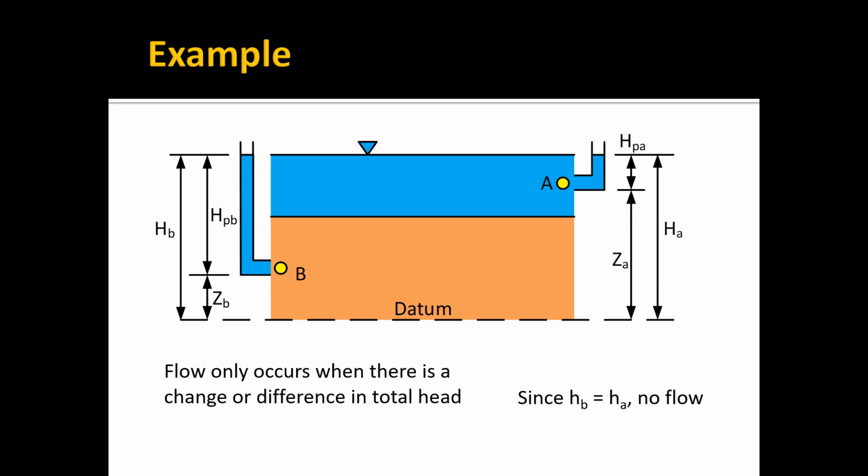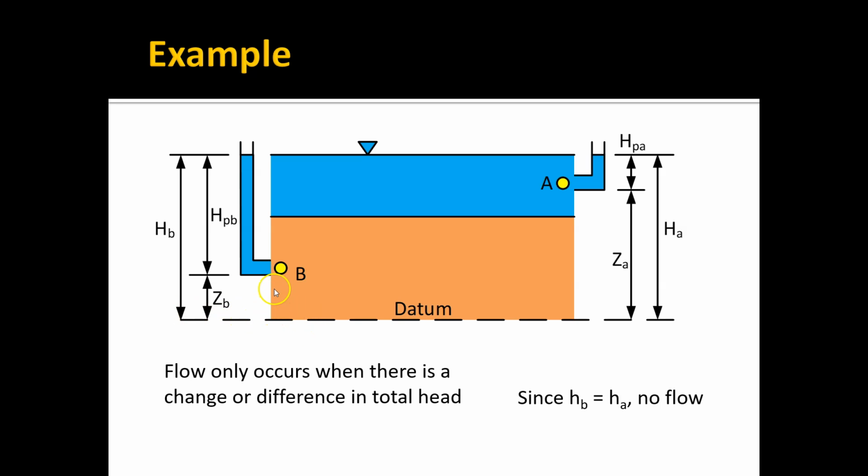And the total head is just the sum of those two. Okay? So the total head is equal to the elevation head, the distance from the datum up to A, plus the pressure head, the distance from A up to where the water would rise. Okay, now let's look at point B. Same thing, we're going to use the same datum.